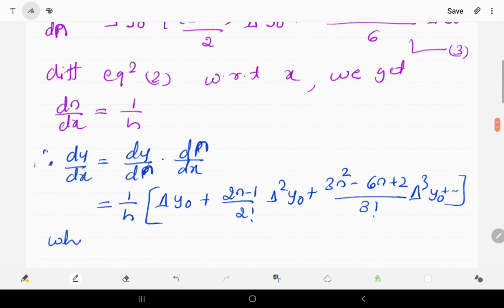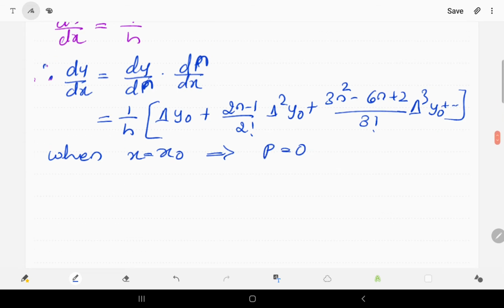When x equals x naught implies that p equals 0. So put p equals 0 in this equation 5.